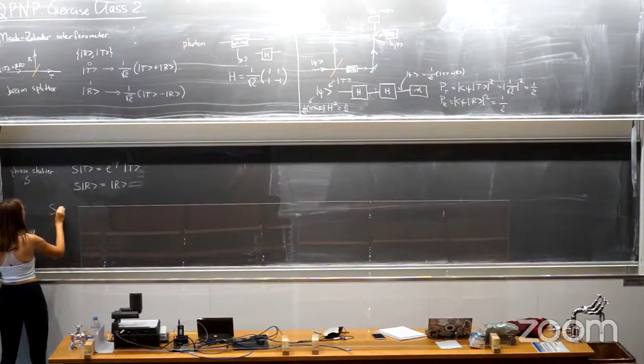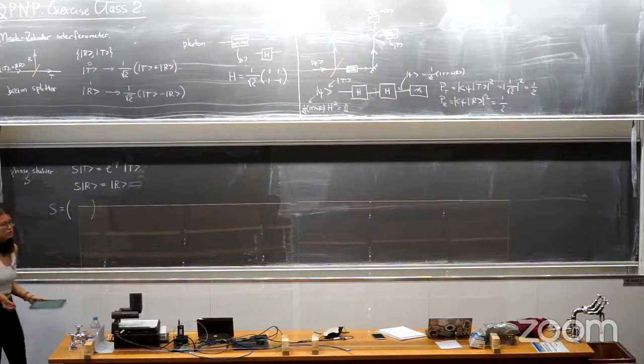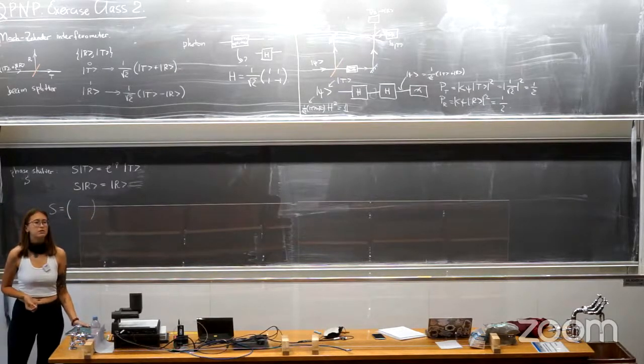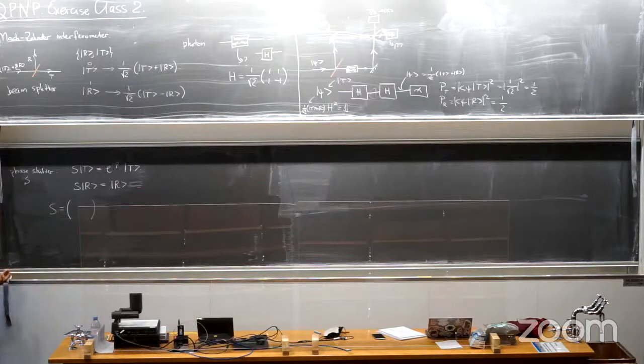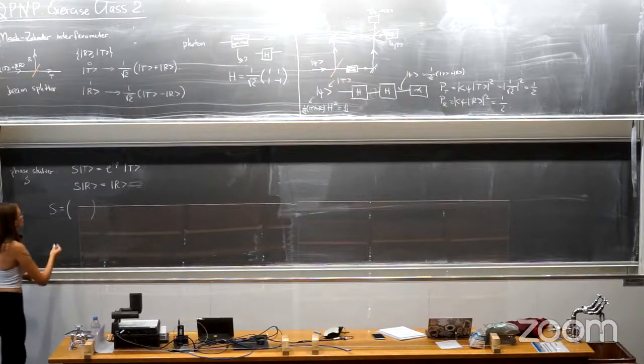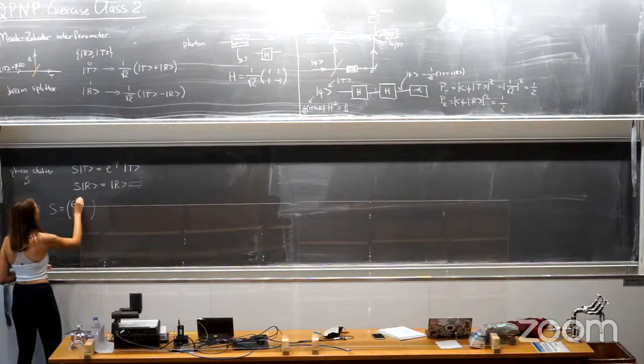Can somebody tell me what is then the matrix of this unitary? Just intuitively. Yes, e to the i phi in the top left and the 1 on the bottom right. Yes, exactly.